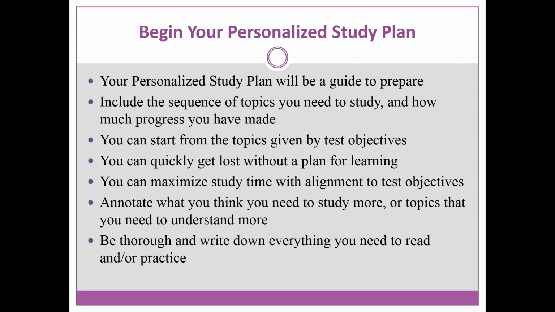So when you register for your exam, you can write the test center and the test date information on your personalized study plan. You can also locate the competencies and objectives, like I just showed you, through the exam framework or the study companion. And once you have these competencies and objectives located, you can include these with your personalized study plan.